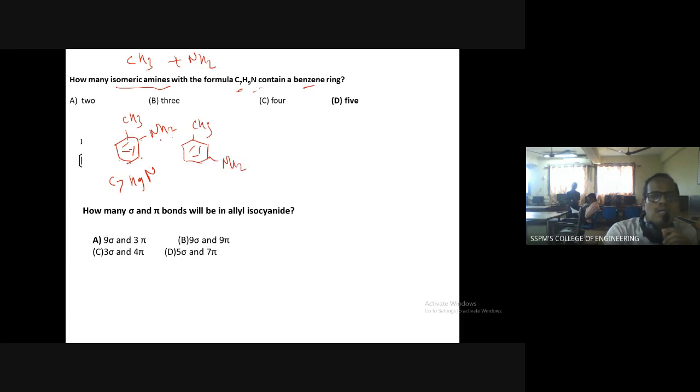Okay, the NH2 at para position. This is toluene and NH2, right? But otherwise, these positions are equivalent. So 1, 2, 3, ortho, meta, para, amino toluene, 3 compounds झाले.